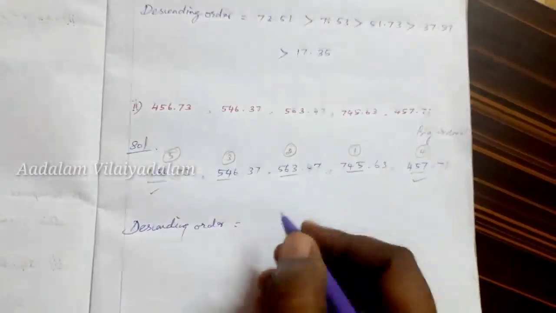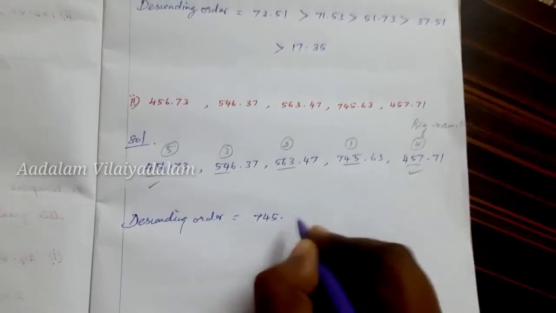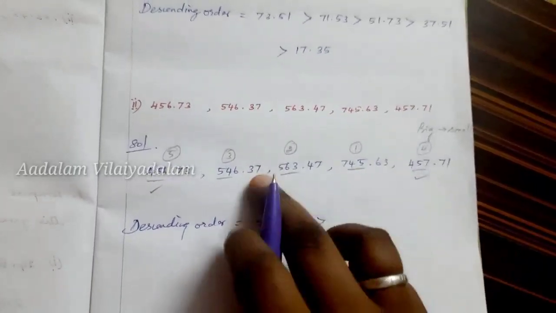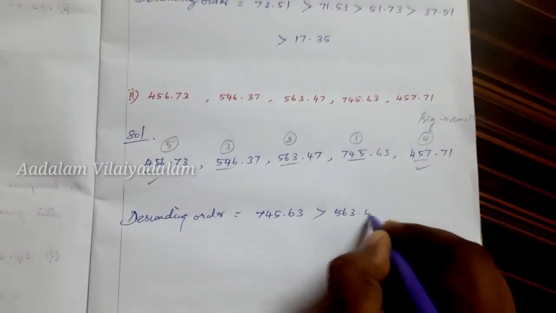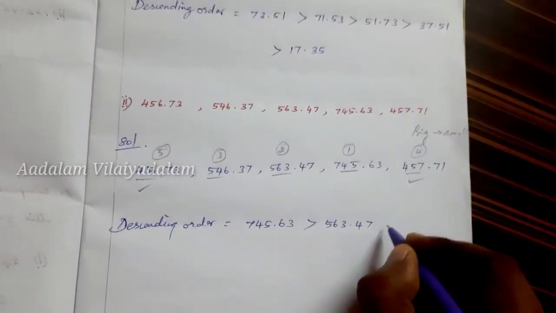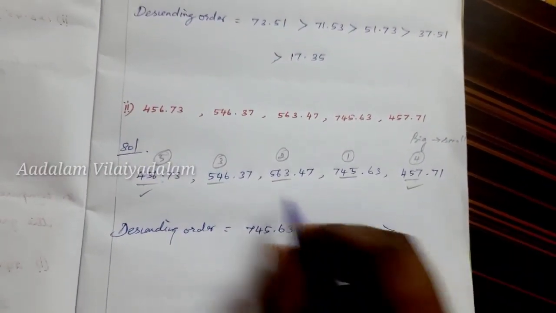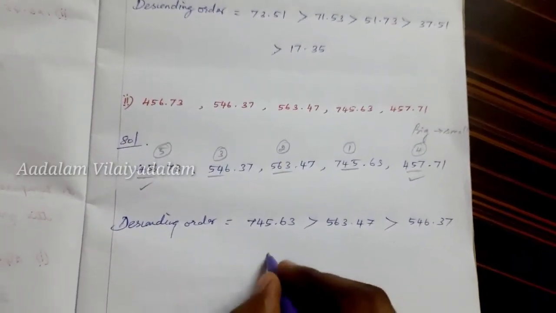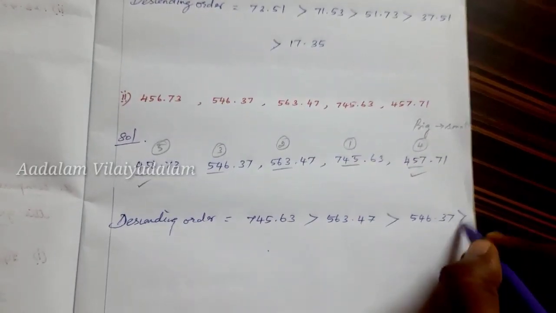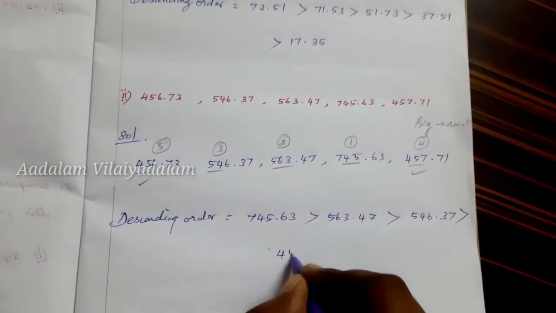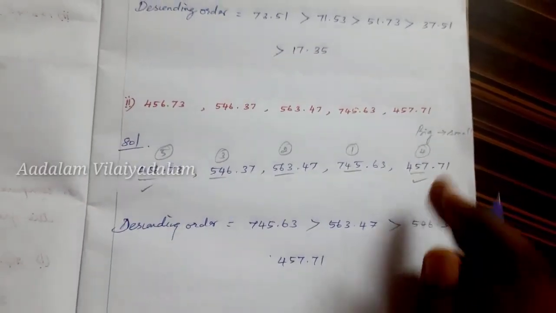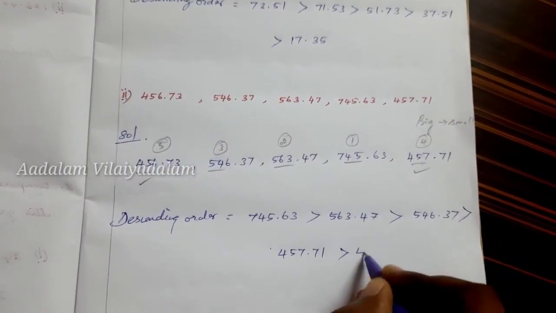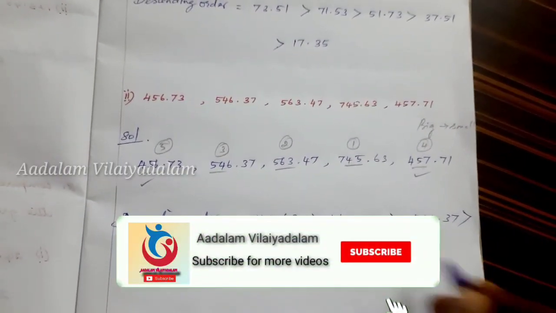Now we need to arrange these numbers in descending order. So let us write the bigger number first. 745.63 is greater than 563.47, then 546.37, and next this number is greater than 457.71, and this number is greater than 456.73.